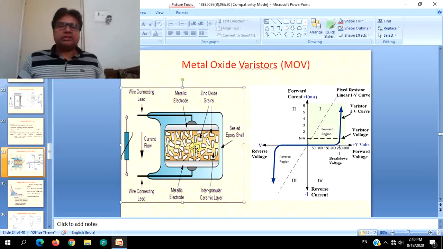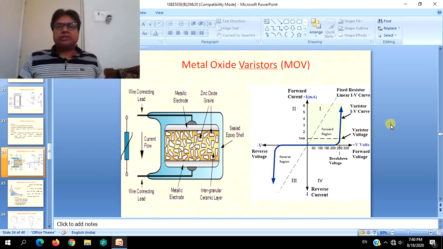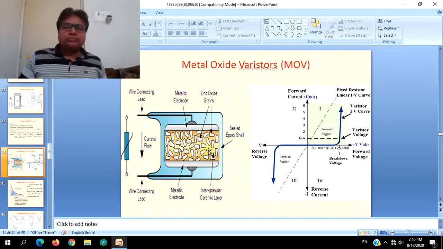This is the construction of the metal oxide varistor, or MOV. It is made up of zinc oxide grains, shown with haphazard shapes, which are embedded inside an intergranular ceramic layer.